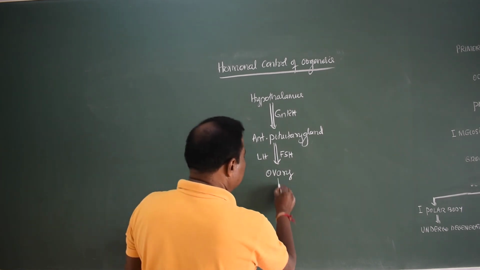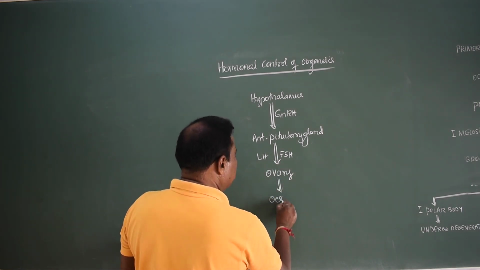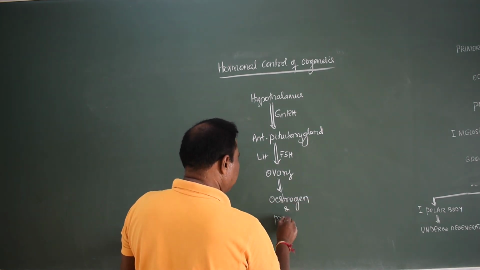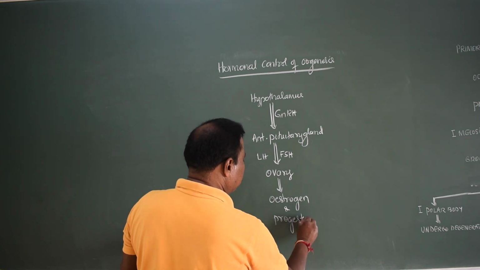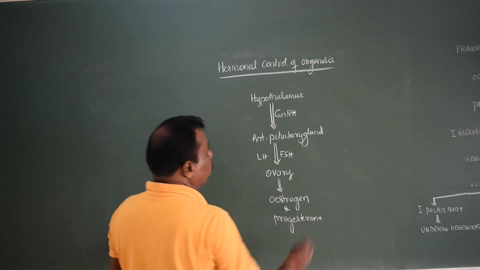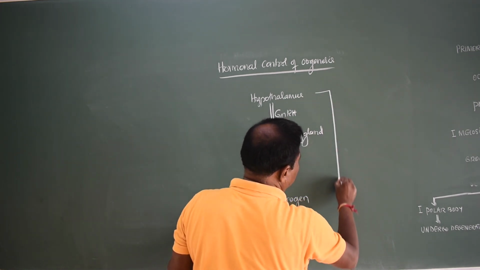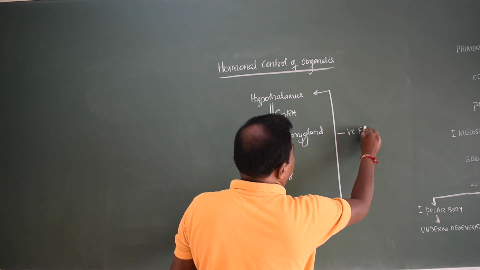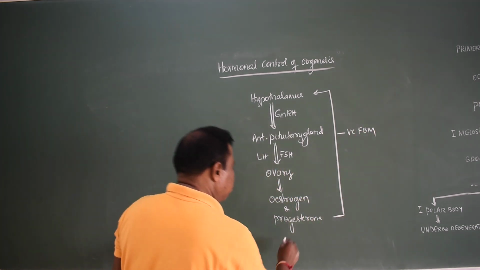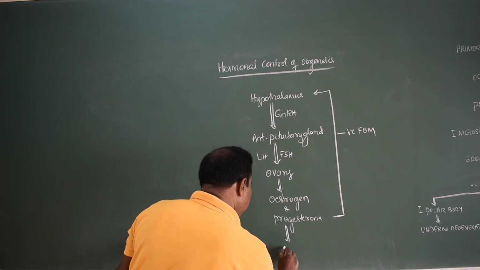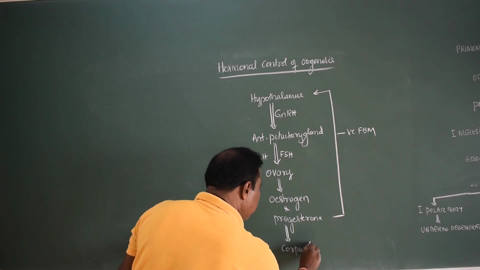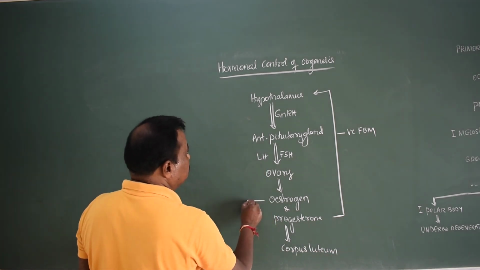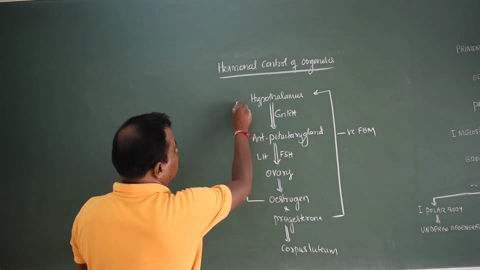The ovary secretes hormones like estrogen and progesterone. Both are for negative feedback mechanism. And progesterone helps in development of the corpus luteum, whereas estrogen is for positive feedback mechanism.